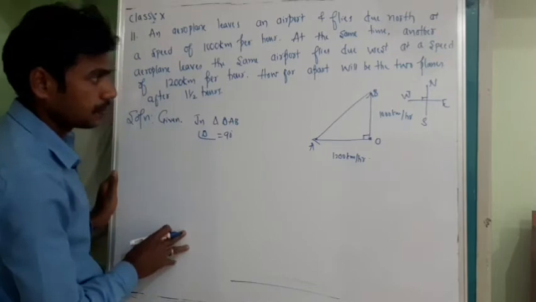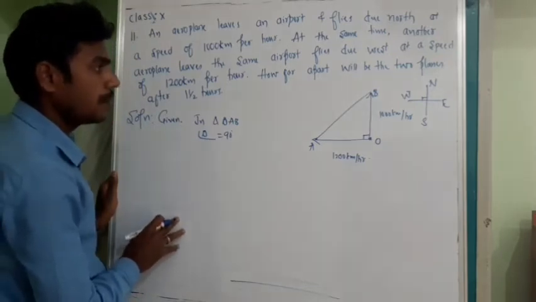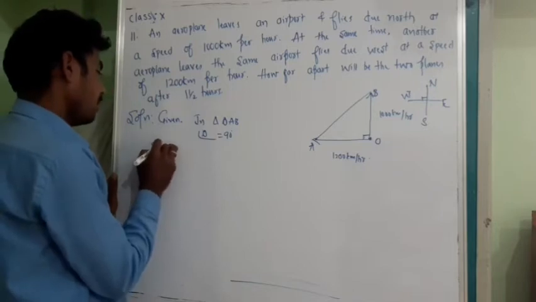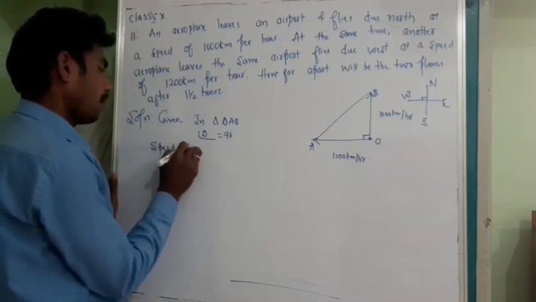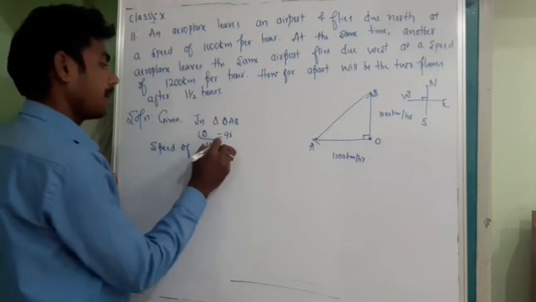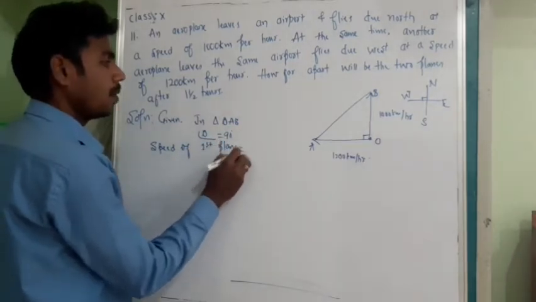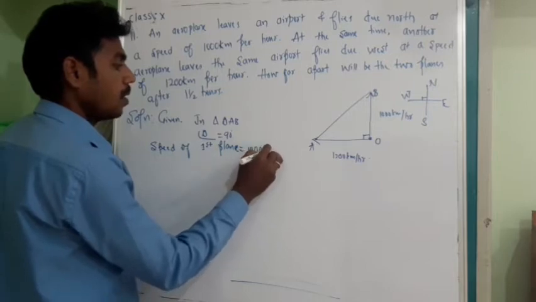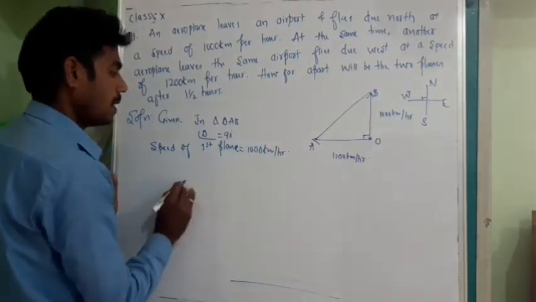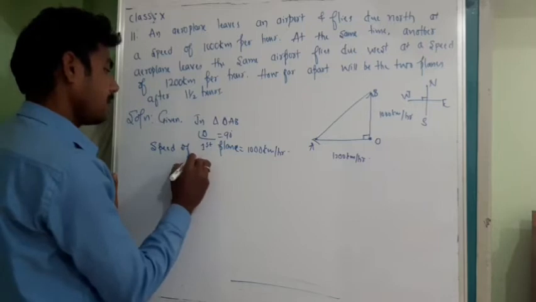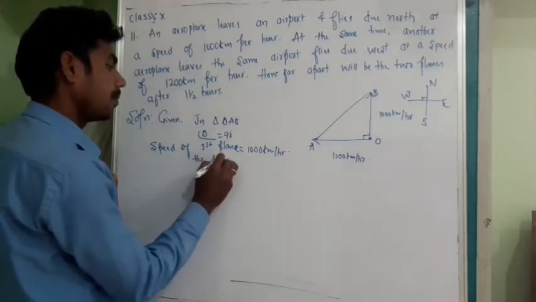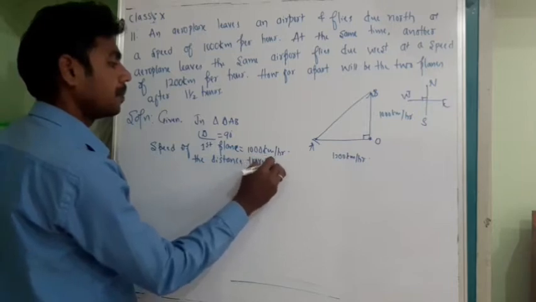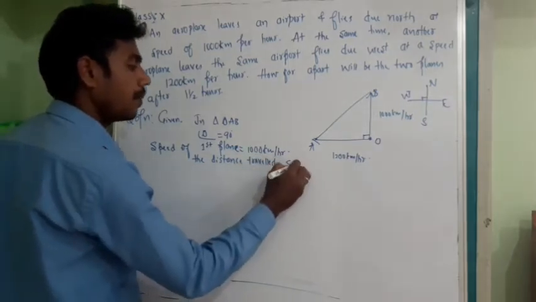One plane goes at a speed of 1000 km per hour. Speed of the first plane is equal to 1000 km per hour, and the distance traveled will be equal to speed into time.